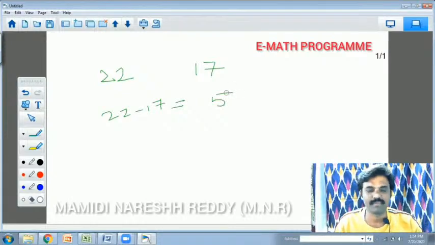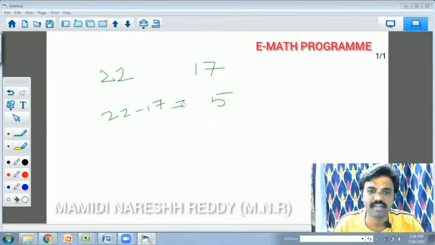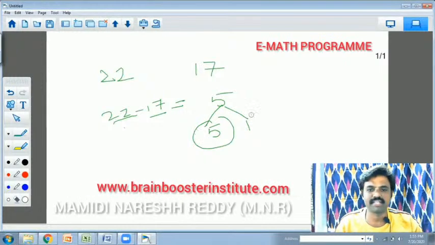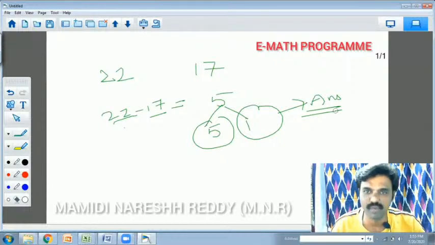As we have discussed, 5 is not a factor of either 22 or 17. So let us take the factors of 5: 5 comma 1. Here, 5 is not a common factor of 22 and 17. That's why the final answer is 1. So 1 is the GCD of 22 and 17. Finish.